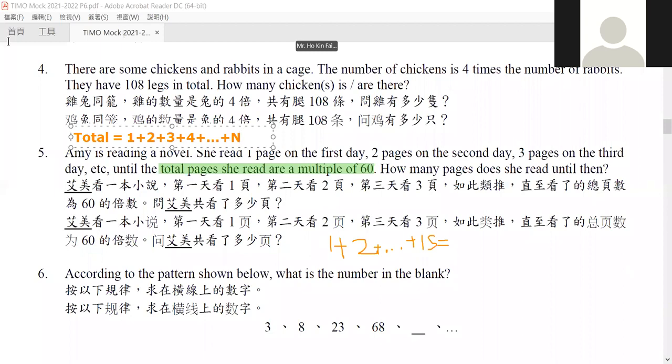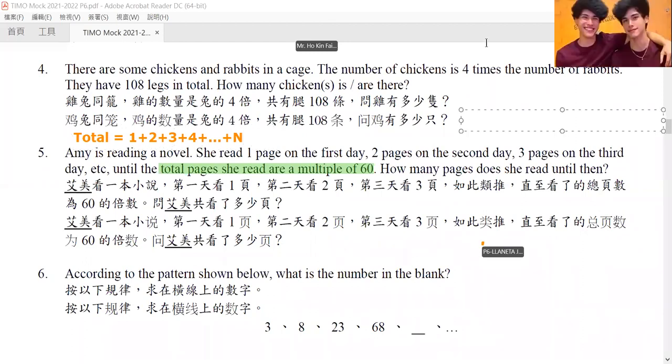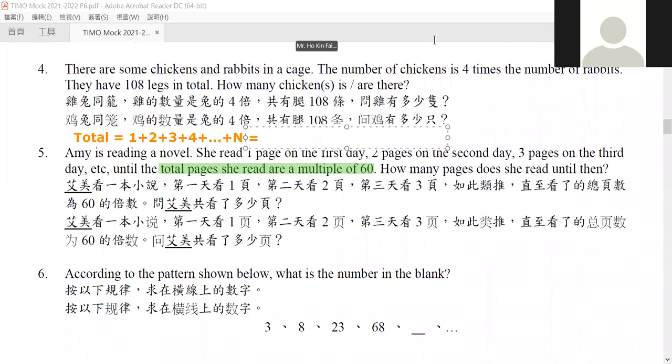Okay, we don't know this number, but we do know that it is a multiple of 60. According to the Gauss theorem, it will be equal to n times n plus 1 divided by 2. Right, this is the Gauss summation.